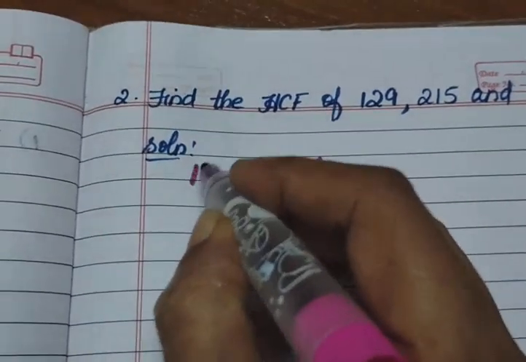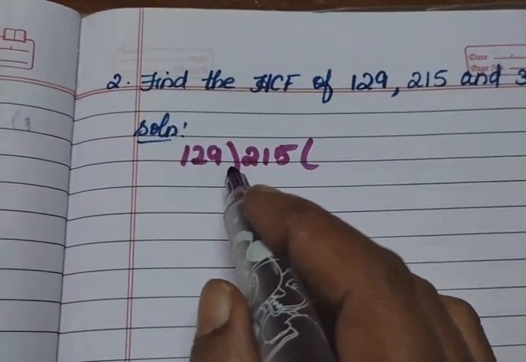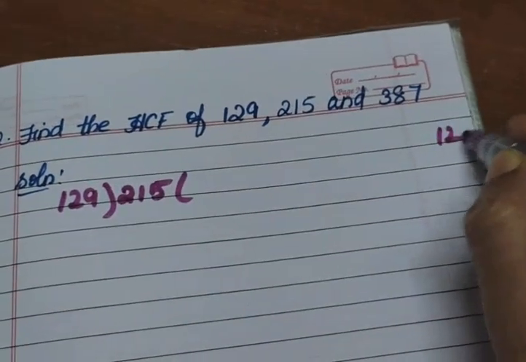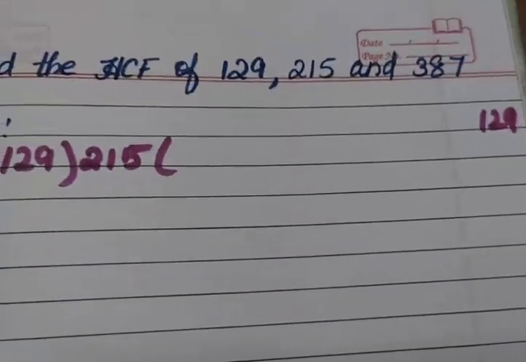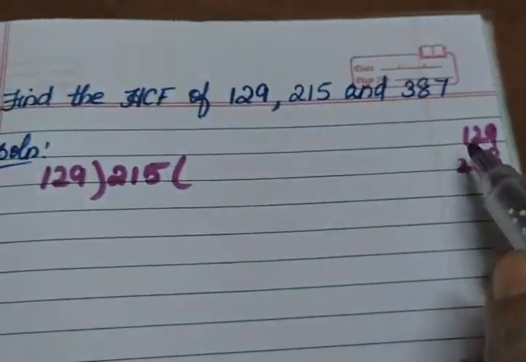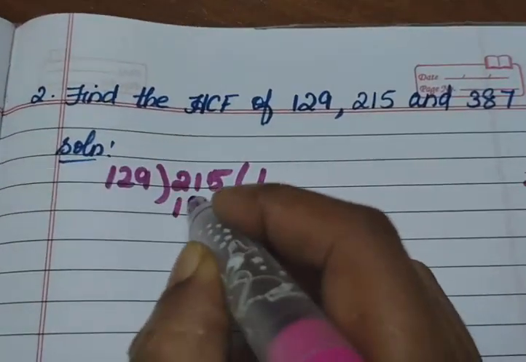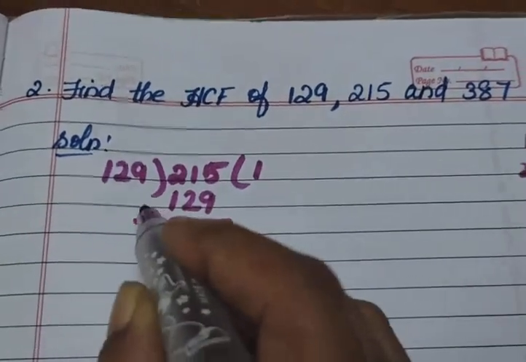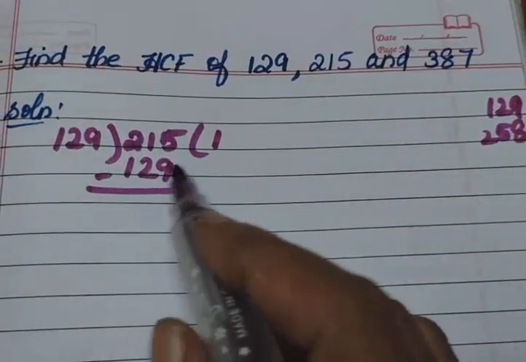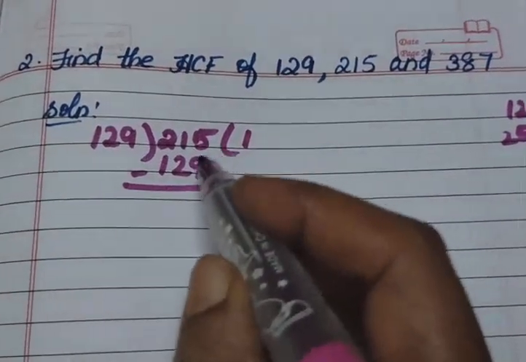We need the 129 table. 2 times means 258, more than 215, isn't it? So we cannot take that number, so only one time. So 129.